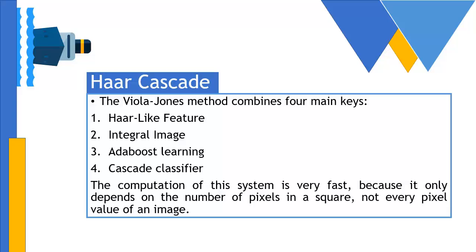First is the Haar-like feature, second is the integral image, third is AdaBoost learning algorithm, and the fourth is a cascade classifier. The computation of this system is very fast because it only depends on the number of pixels in a square, not every pixel value of an image.